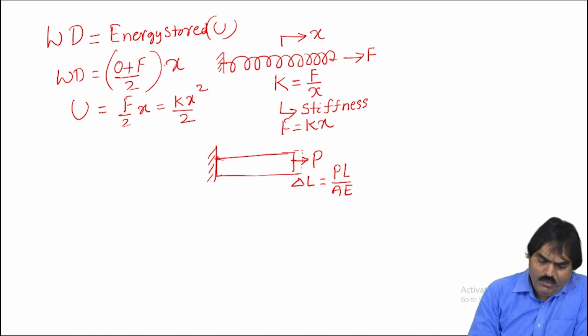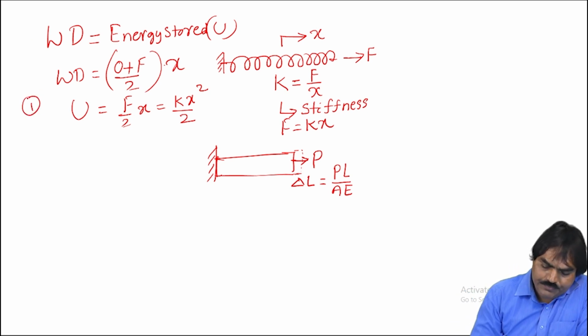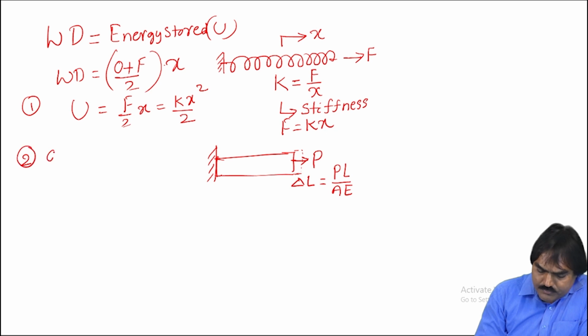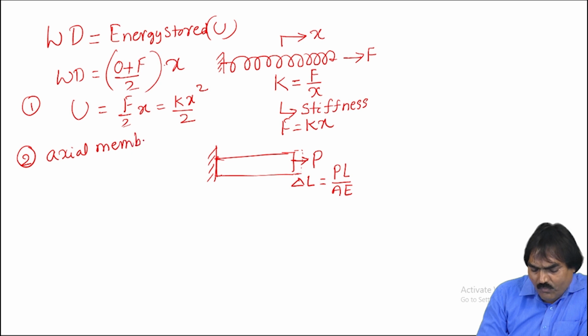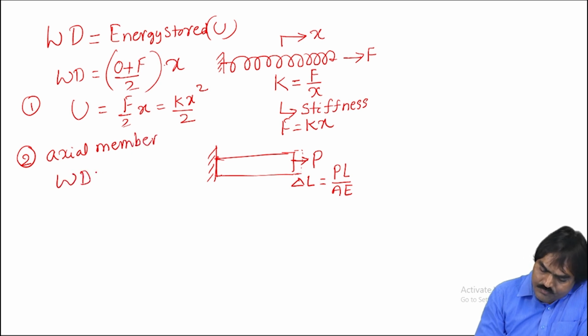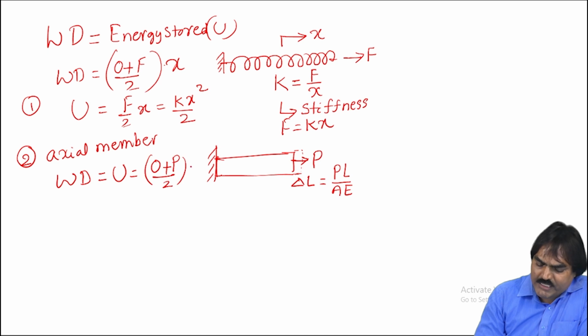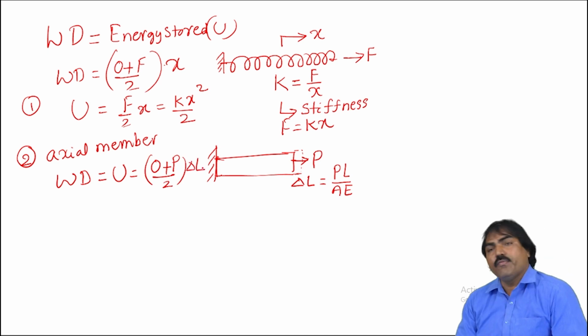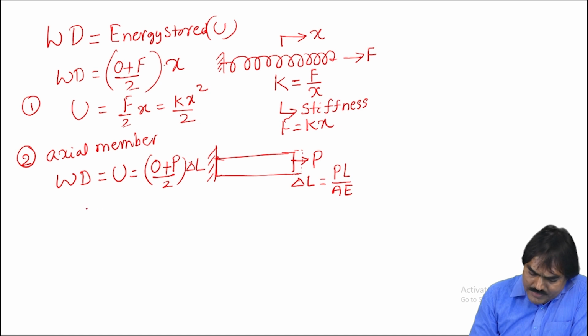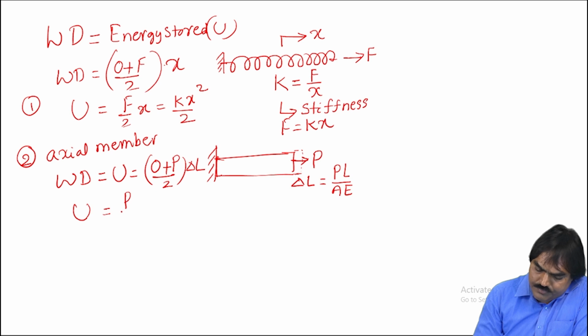So this is for a spring, and for the axial member, the work done is equal to the internal energy stored. That is, by definition, average force into displacement. This is the standard definition for the work done. That energy is given by P by 2 into delta L, which is PL by AE.